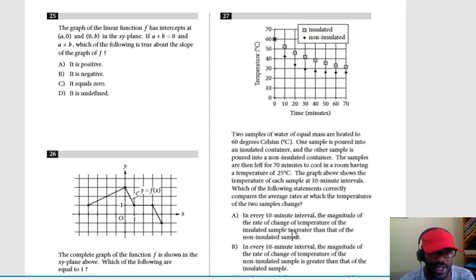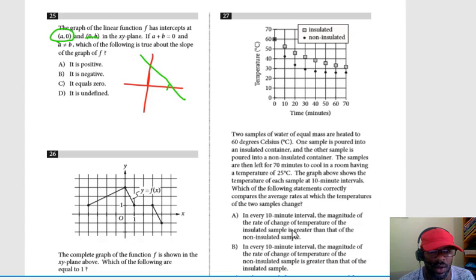The graph of the linear function f has intercepts, okay, let's just roughly draw. So this is what I have. It crosses the x-axis at A and the y-axis at B. This is the graph. So obviously it passes through the second, first and fourth quadrants. Obviously the slope is negative.